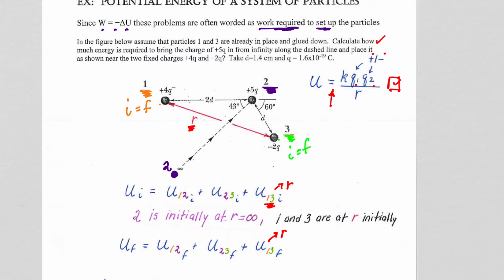Well, how about the potential energy values between 1 and 2 and 2 and 3? Well, 1 and 2 start out a distance r of infinity apart. 2 and 3 start out a distance r infinity apart. So that's what we're showing here.